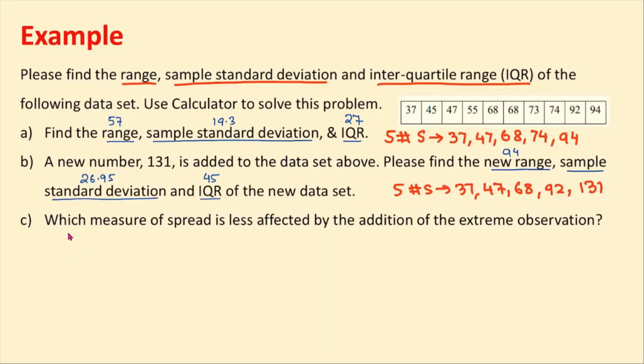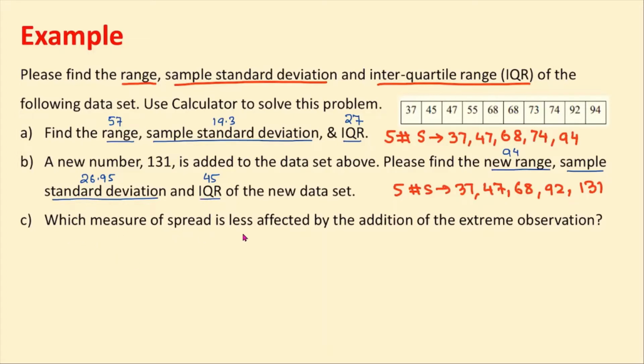And for IQR, we had 27 first, and now we have 45. Although the largest value has increased a lot, the third quartile has not changed that much. That's why we can see that the interquartile range is less affected by adding an extreme value.